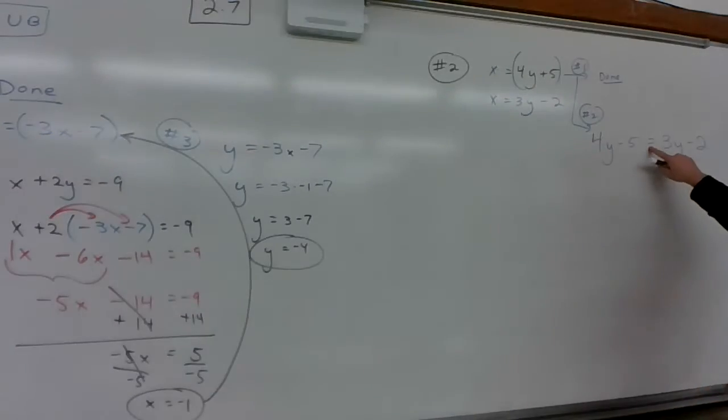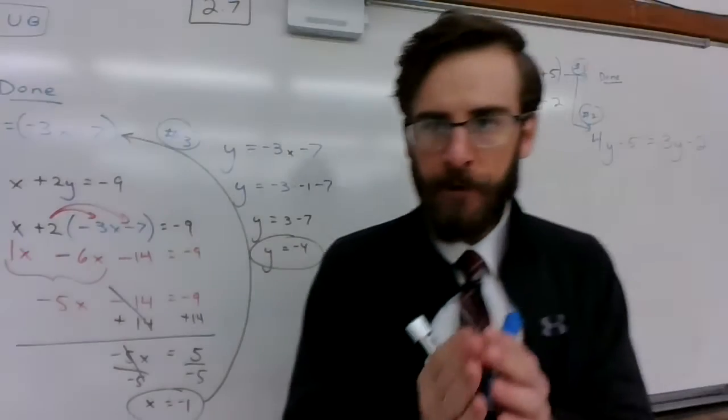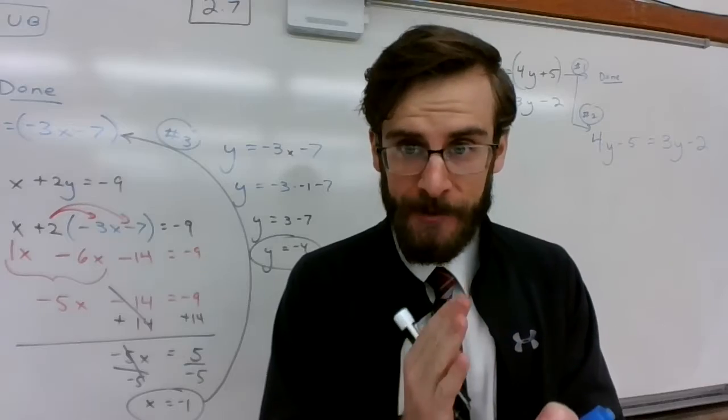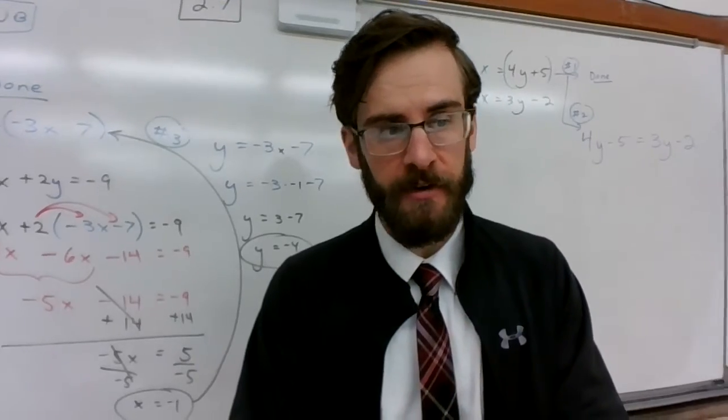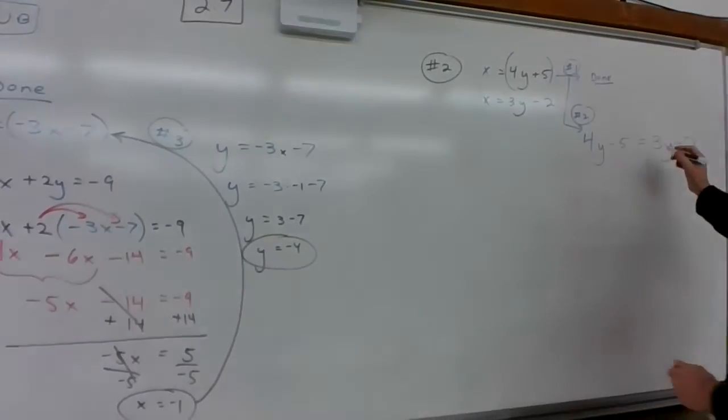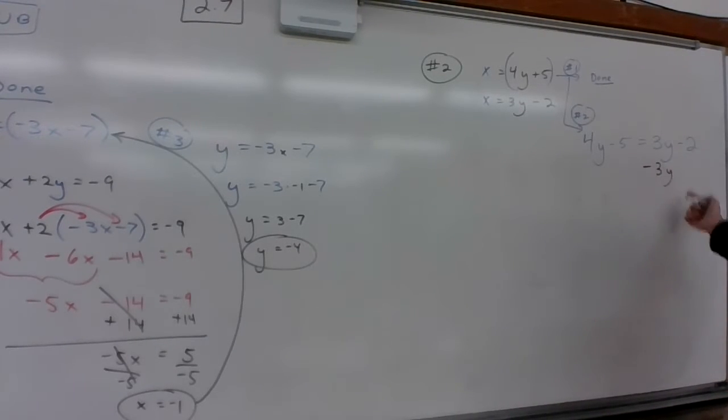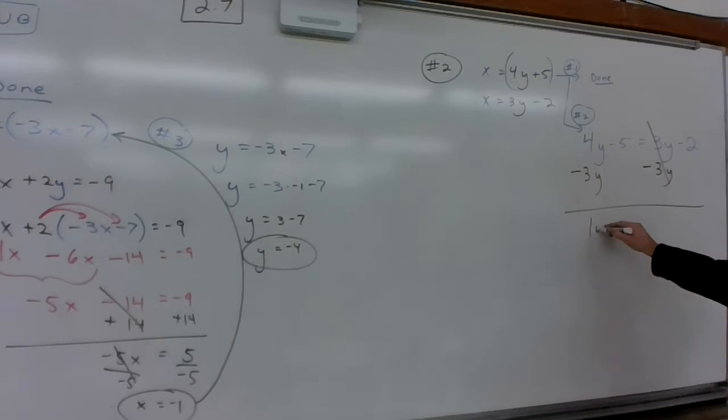Now just remember, if they're separated by an equal sign, you have to do the opposite operation to get them together. So you should be thinking, hey, I have a positive 3y, move it to the left with subtraction. Okay? That gives you 1y minus 5 is equal to negative 2.